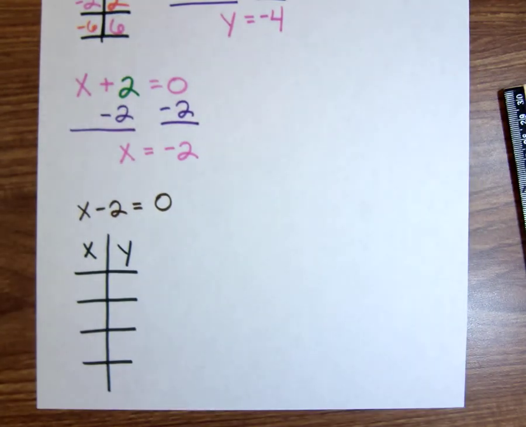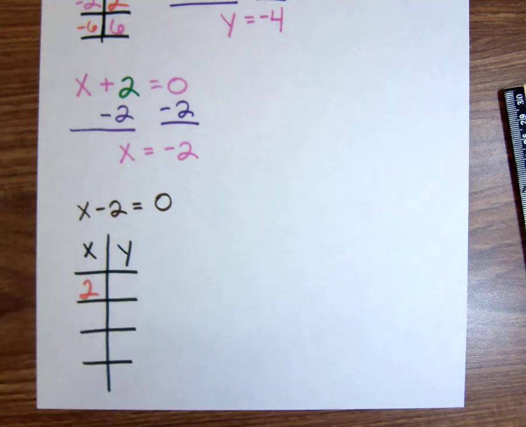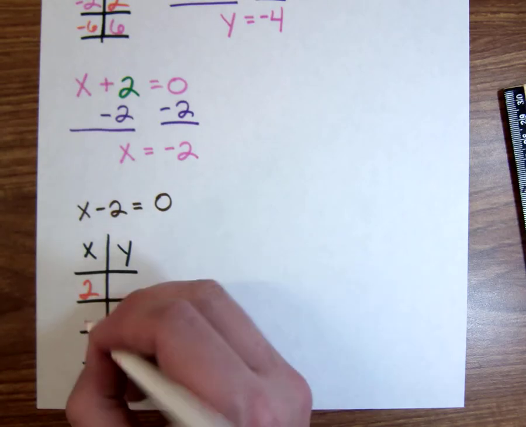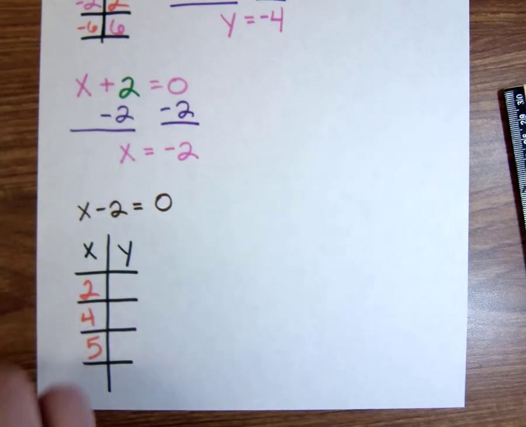All right, pick some numbers to plug in. 2. Where are you going to plug it in? Never mind, x. It's got to be x because there's nowhere for me to plug in y. So you said 2, right? Okay. Give me another one. 4. Okay, great.